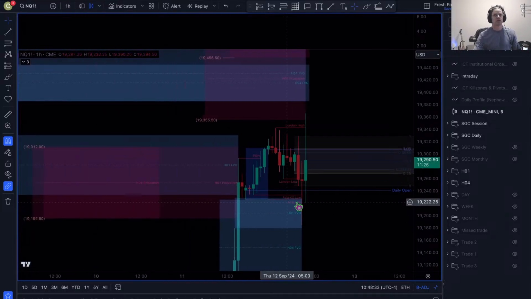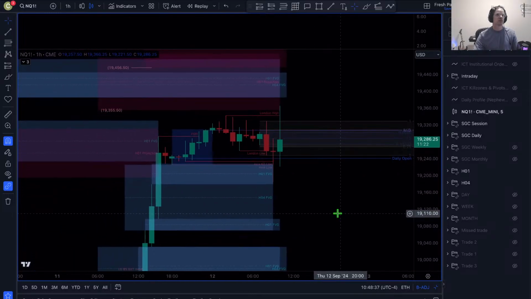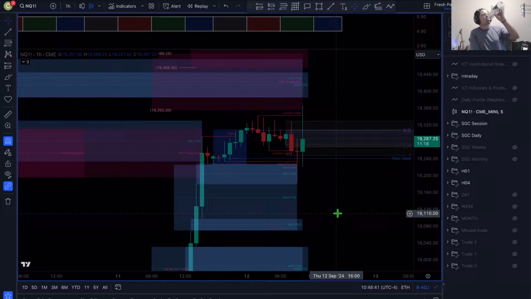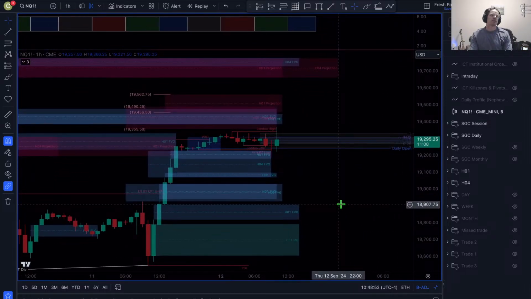Take a step back. Yeah, I mean, this is not looking good. Might just wait for the hour to close, honestly. See what happens on the hourly. We got our trade up to London high, and guess what? It hit an H1 projection. What could be happening?